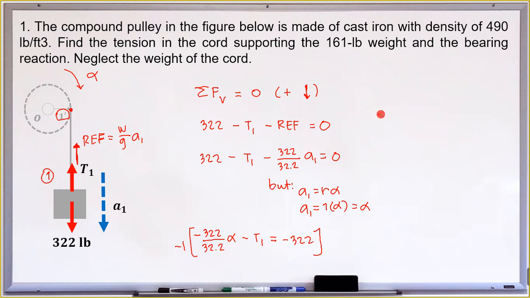Therefore, the final equation 1 is 32.2 over 2 alpha, minus T1 ... equal to 322. This is our first equation, so kindly take note of this.